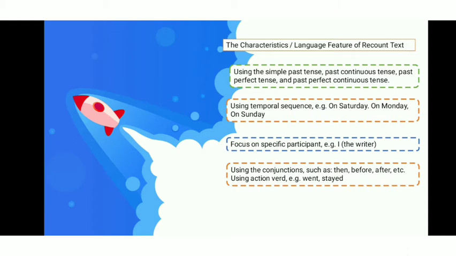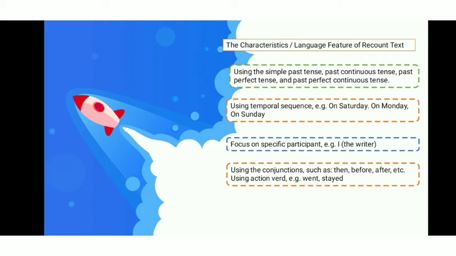Next, recount text focuses on a specific participant, for example, just the writer, okay? And the last is using conjunctions such as then, before, after, and many more. And also it uses action verbs like went, stayed.